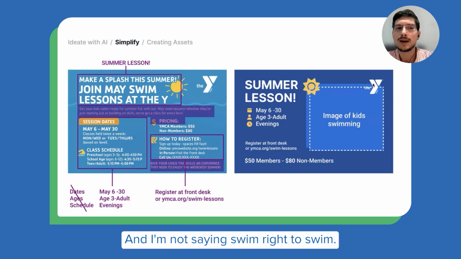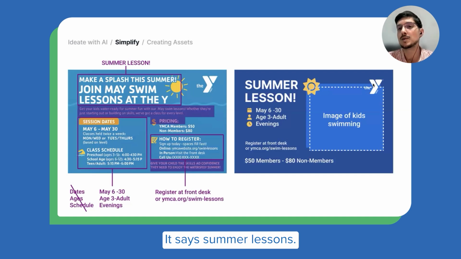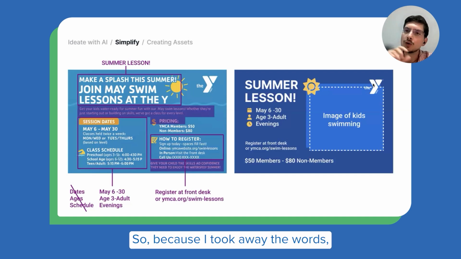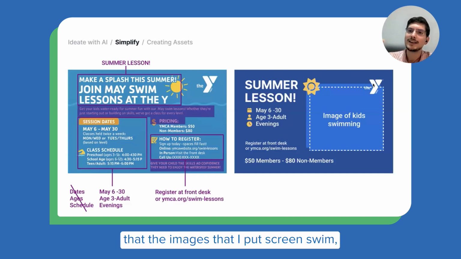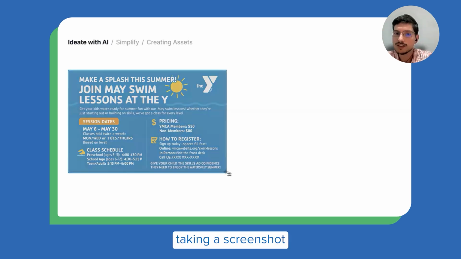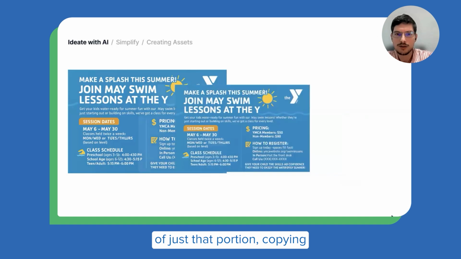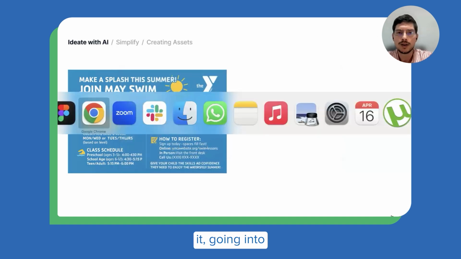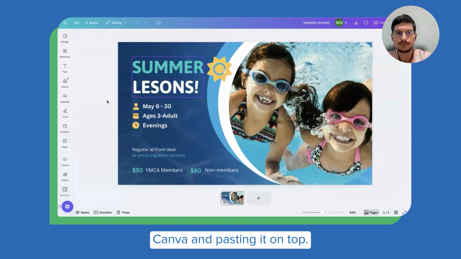And I'm not saying swim, right? It says summer lessons. So because I took away the word swim, I'm going to make sure that the images that I put scream swim. Taking a screenshot of just that portion, copying it, going into Canva and pasting it on top.